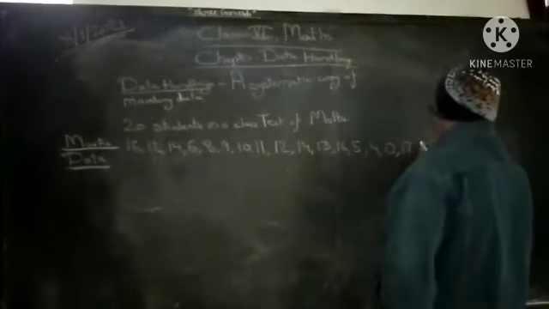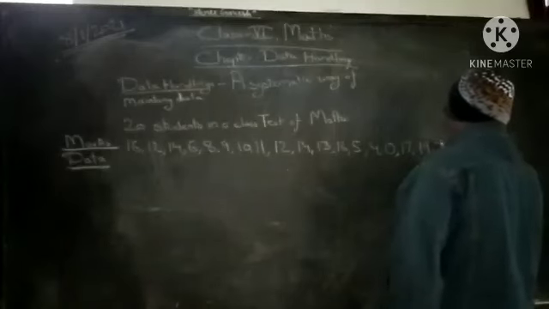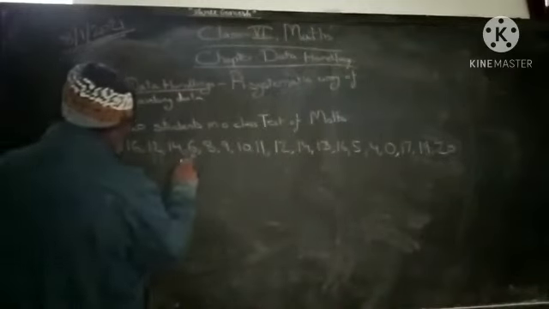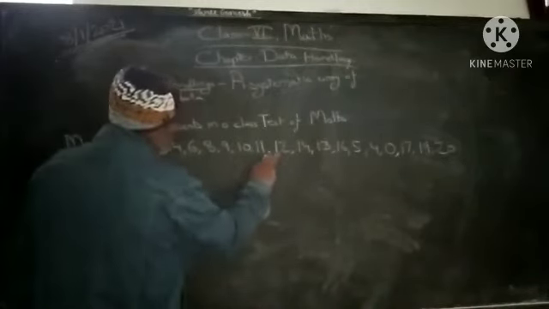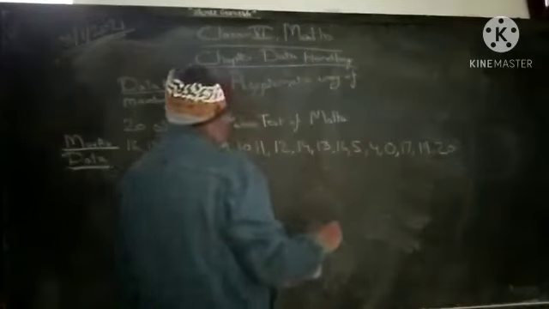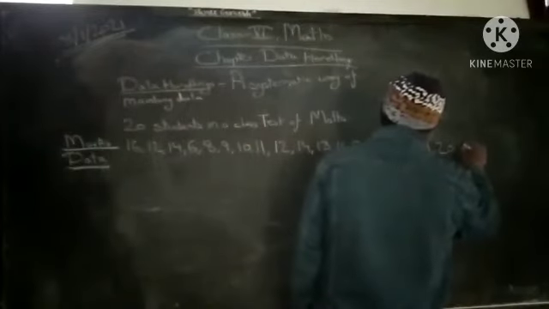Someone gets 17, someone gets 19, someone gets 18. So let me count the numbers: 1, 2, 3, up to 18. Someone gets 8, someone gets 12. Now you have to keep the data.